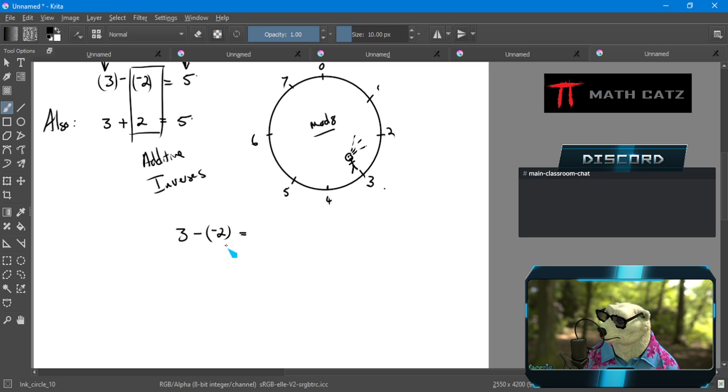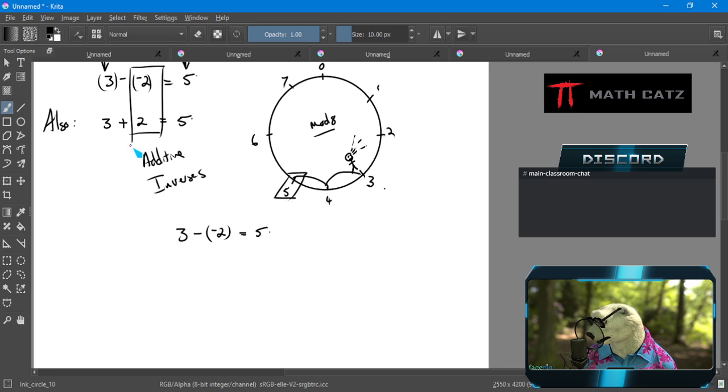I then walk 2 steps back. Boink, boink, done. My answer is still 5. The underlying concept of subtraction and division doesn't change.